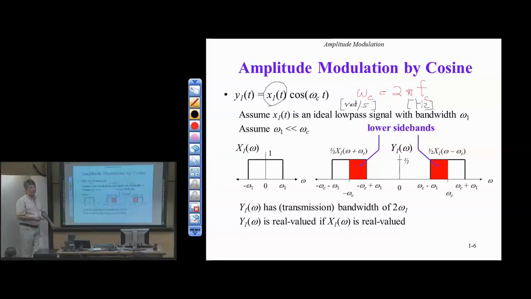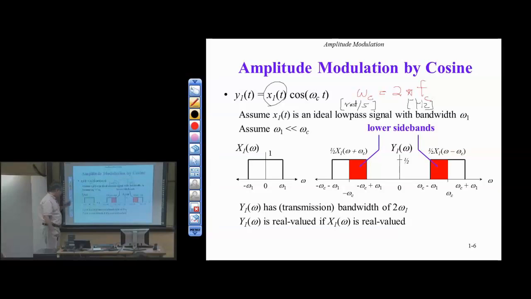We're going to use this all the way until the last week of lecture. This is a fundamental thing that we'll do. So again, if we assume x1 of t is an ideal low-pass signal with bandwidth omega 1, and that omega 1 is less than omega c, then I get this up conversion relationship between x1 and y1.